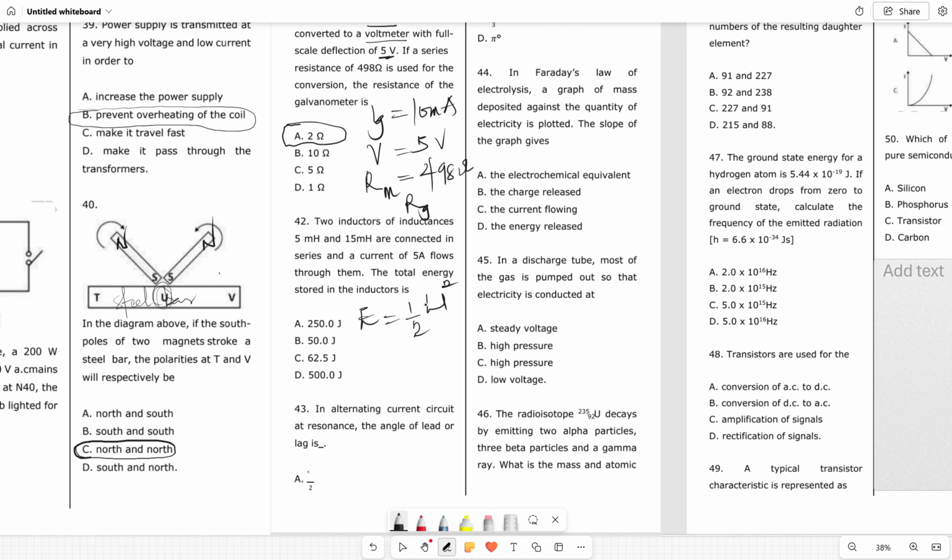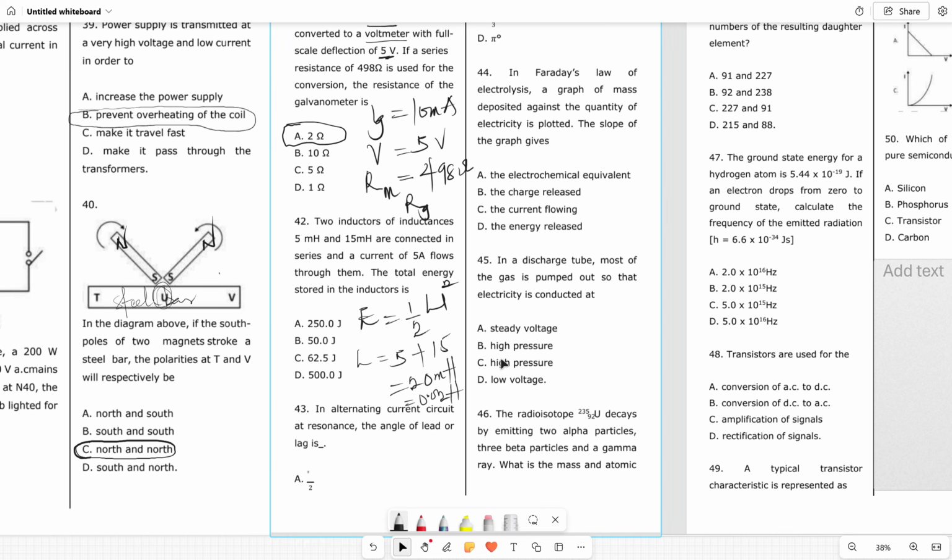The L is the total inductance, so here you just sum up the inductances together. That's 5 millihenry plus 15 millihenry, I have 20 millihenry there, which is equal to 0.02 Henry, right?